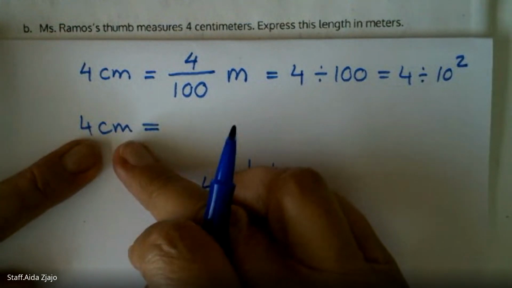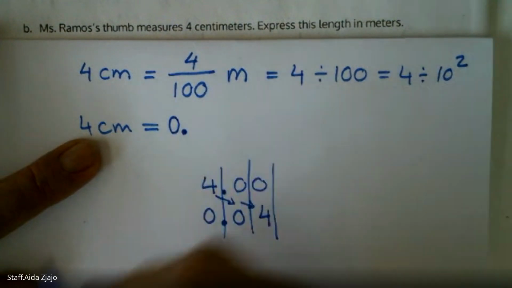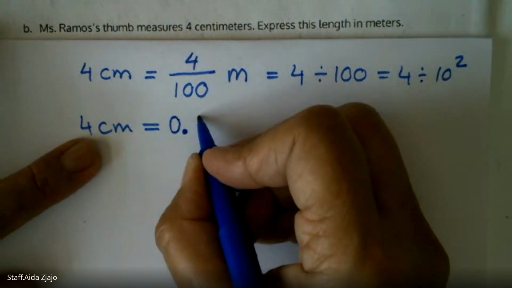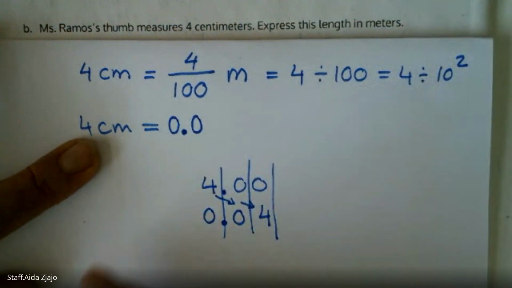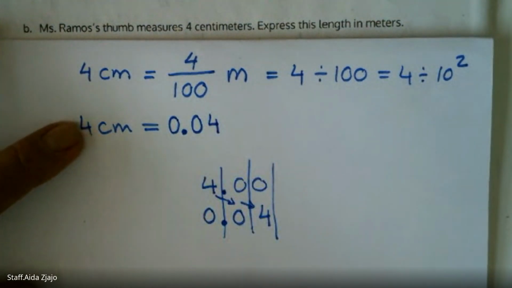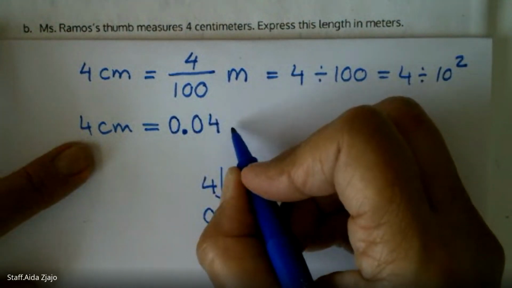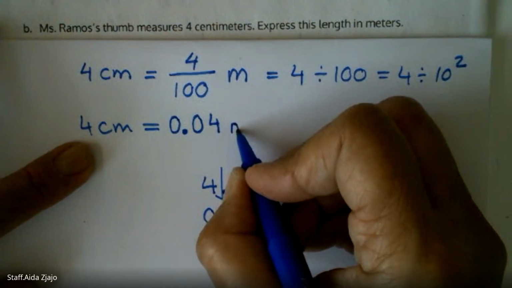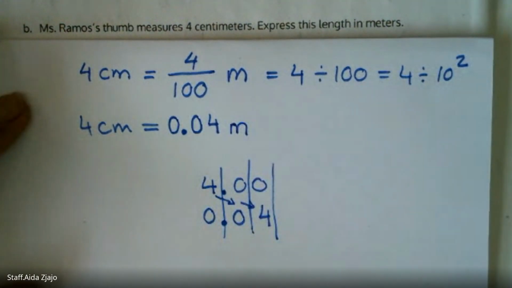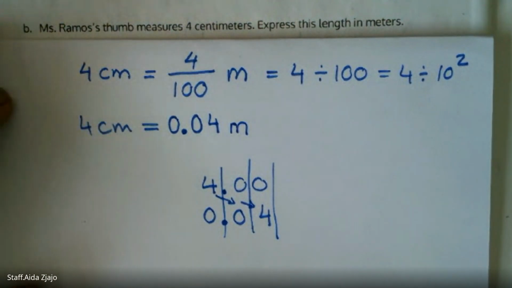If I have 4 centimeters, I do not have a whole meter. I do not have a decimeter. I only have 4 out of 100 centimeters. So 4 centimeters is 0.04 meter.